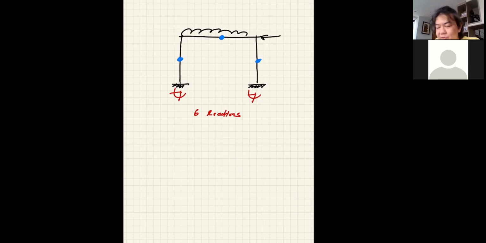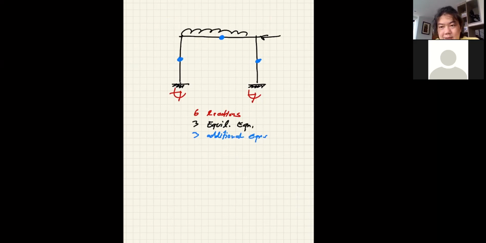So we have 3 equilibrium equations. Now I assume the locations where my moment is 0, so I have 3 additional equations.